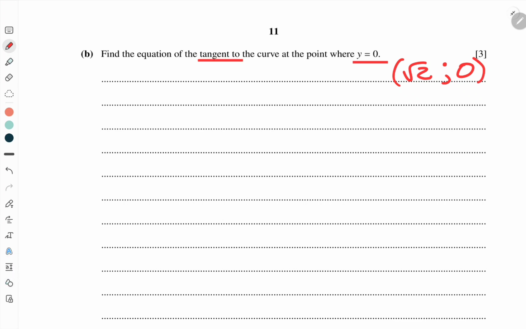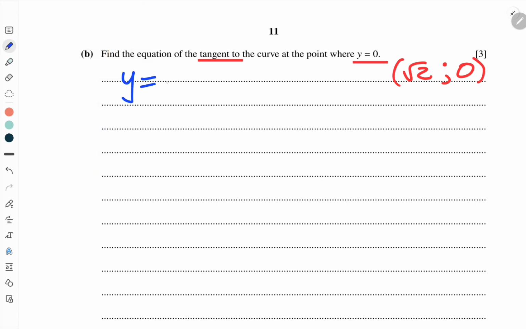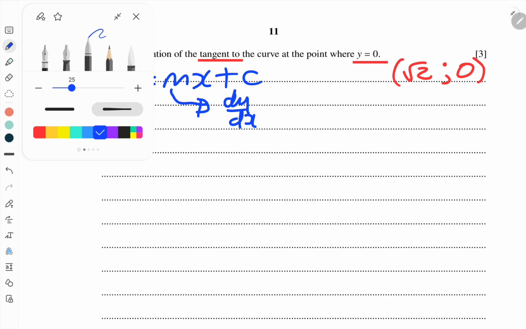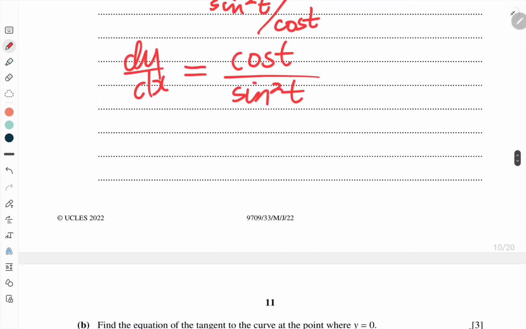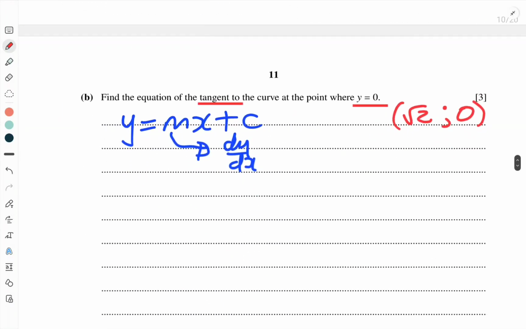And a straight line is in the form y is equal to mx plus c, where m is the gradient, and the gradient comes from dy/dx. Our dy/dx in this case is cos t over sine squared t.